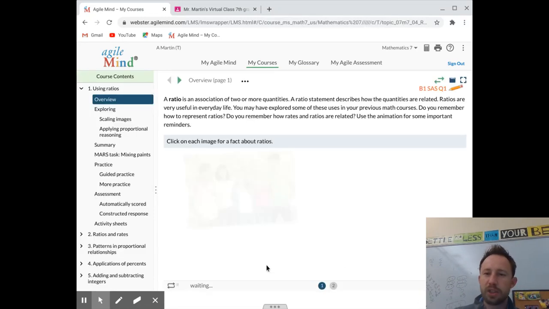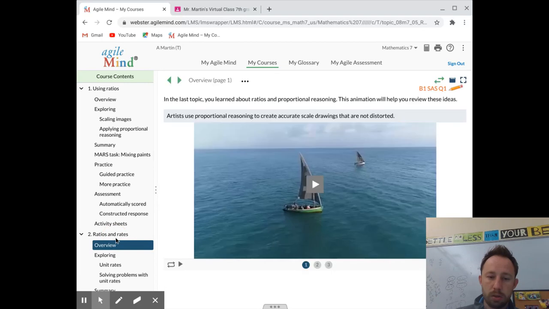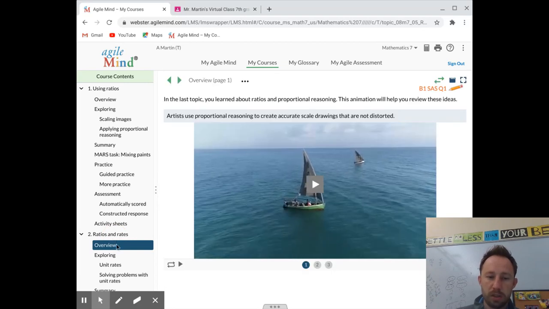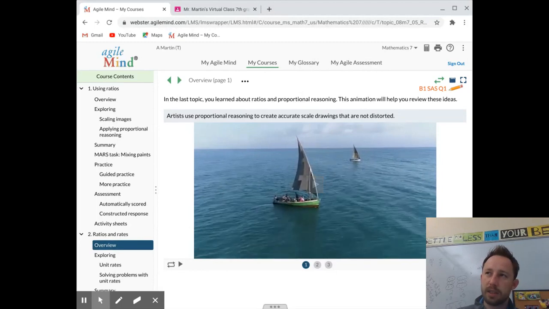So we're going to go back and we'll get started. Has anybody ever seen a ratio or a rate used in the real world, just in everyday life? What about whenever you go by the gas station and it says $2.56 per gallon? Is that a rate or a ratio? Yes, it is.